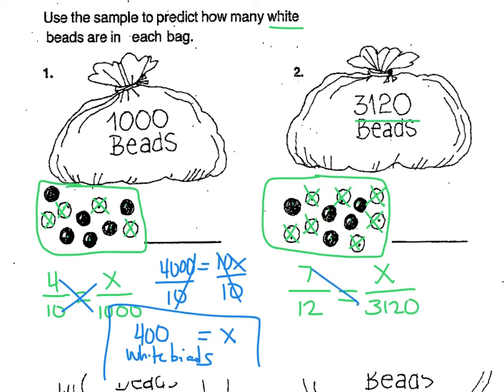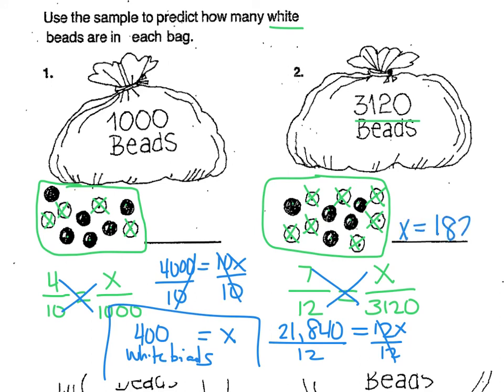So 7 times 3,120 gives you 21,840, which equals 12x. We're going to divide both sides by 12. And we end up with x equals 1,820 white beads.